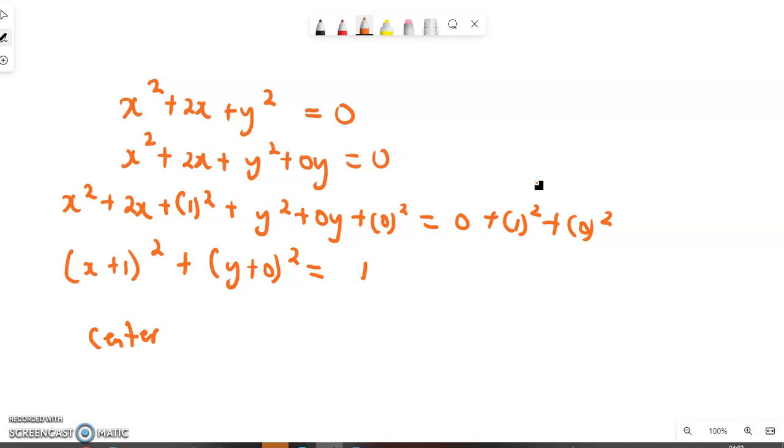So therefore we have the center, it's negative 1 and 0. Then to calculate the radius, it is r squared equals 1. Then take the square root, so r is equal to 1 unit.